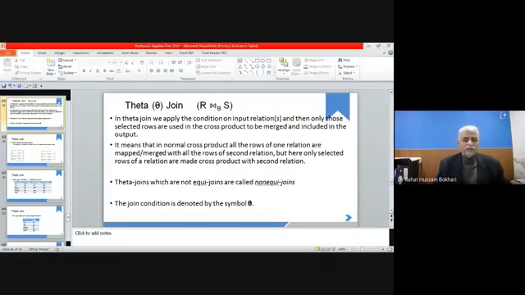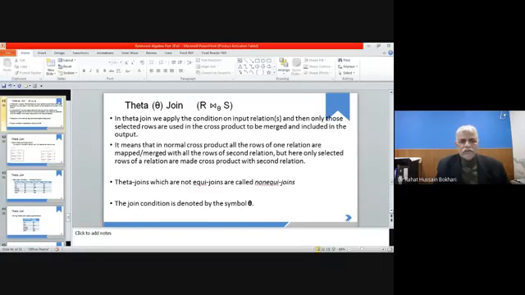So in the very beginning, we have to apply a condition on the input relations, that is, one attribute is greater than or less than or not equal to the other attributes. Then after that we go for the cross product, whereas earlier we did the cross product first and then did our further operations.